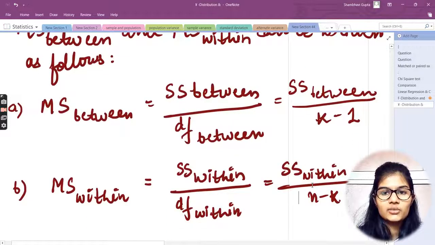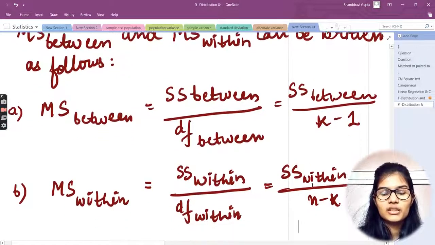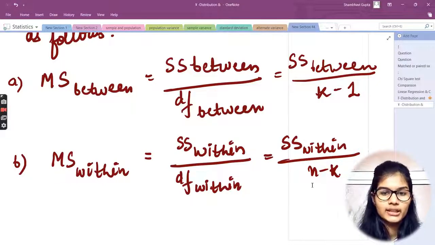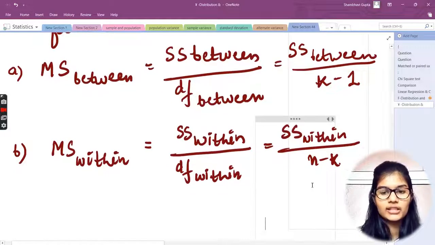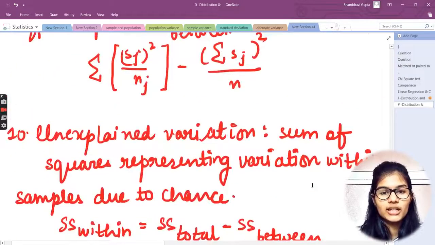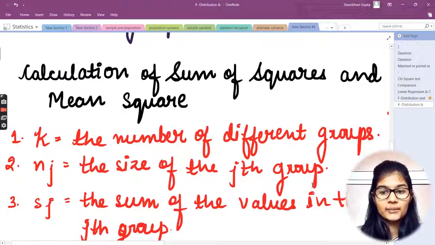MS between and MS within can be written as follows: MS between is SS between divided by DF between, which is SS between divided by K minus 1. MS within is SS within divided by DF within, which is SS within divided by N minus K. I hope this made the calculation of the sum of squares and the mean square very clear to you.